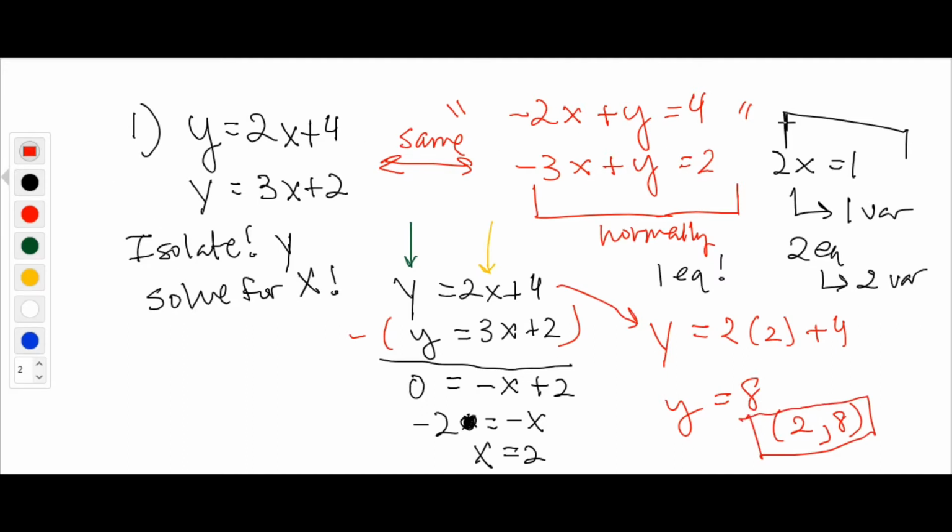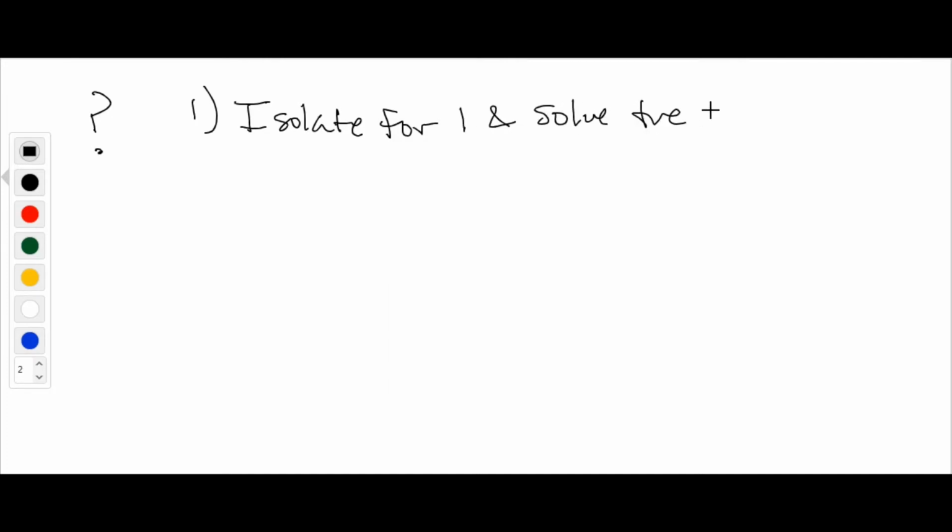Now you're probably asking me what happened and how did you do that? Number one, whenever you're solving equations, you want to isolate for one and solve for the other variable.